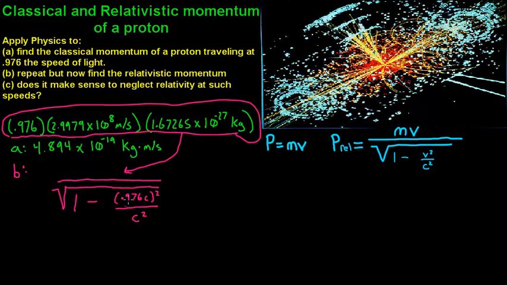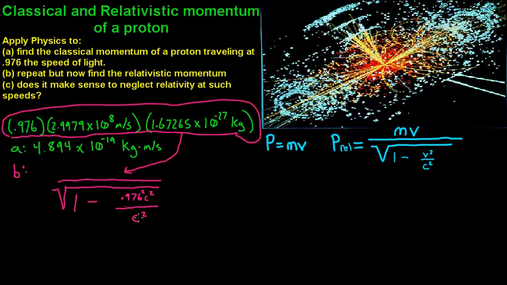Well, if you were to break down these parentheses, we know that this is the same as 0.976 squared and c squared.